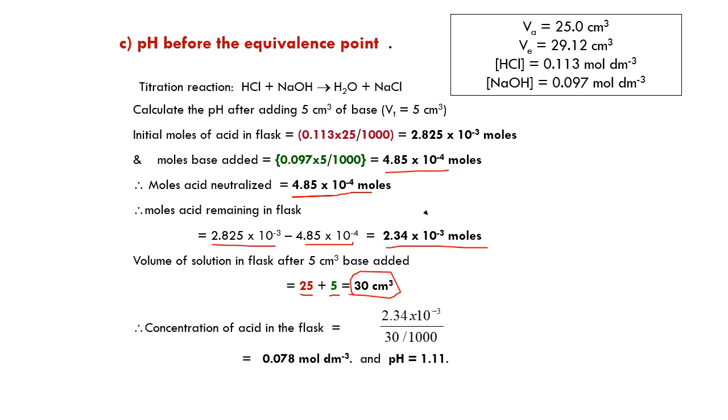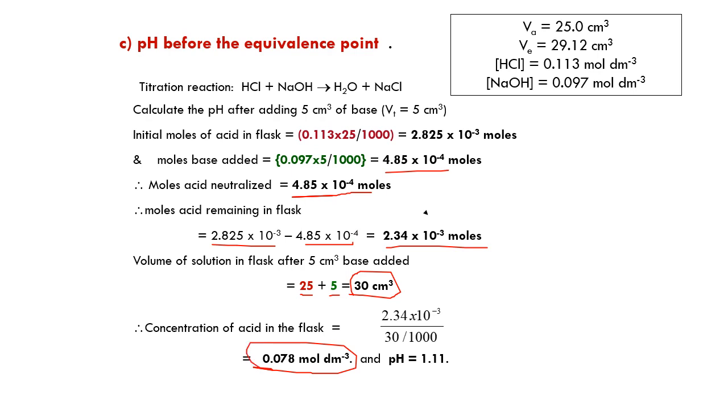The concentration of acid in the flask is now 2.34 × 10⁻³ moles divided by the volume of that solution in liters. This tells us that the concentration of acid is 0.078 mol/dm³.